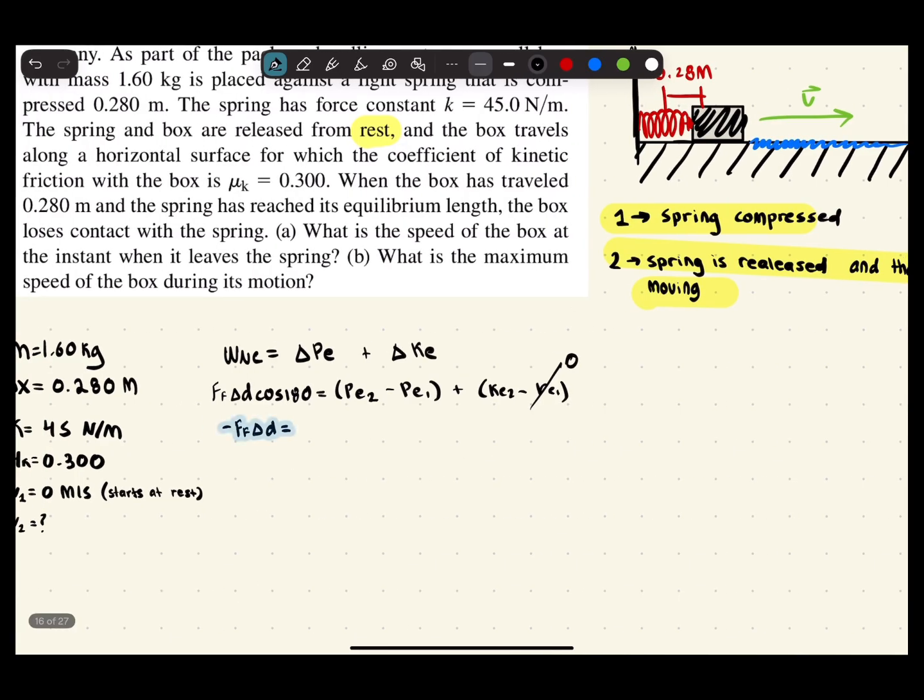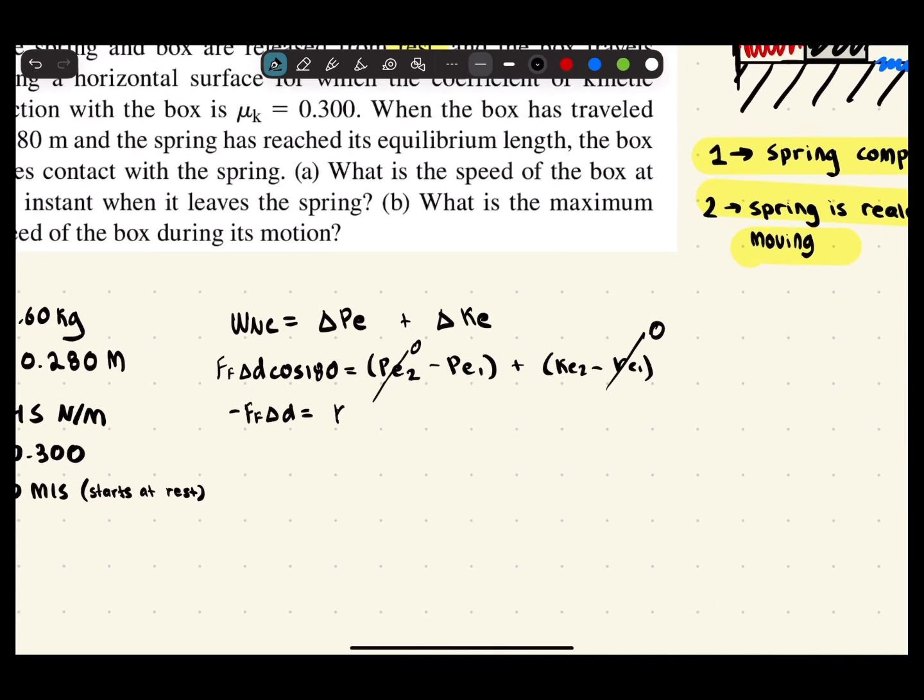Now when the box is moving and the spring is fully released, there's no more potential energy in the spring because the spring has already converted all of its potential energy into kinetic energy. So PE2 is going to be 0. So we can rewrite this and say KE2 minus PE1.